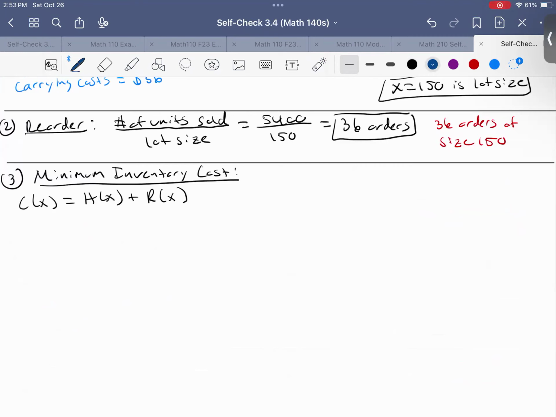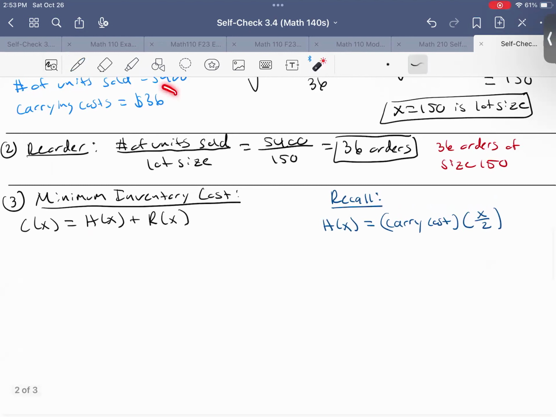So off to the side here, recall that the carrying cost is carrying cost times our lot size divided by 2. And we have our carrying cost right here.